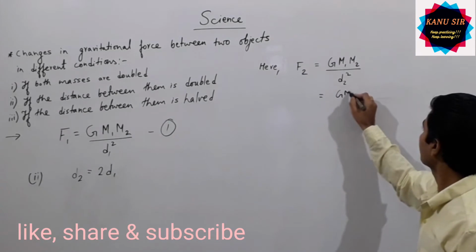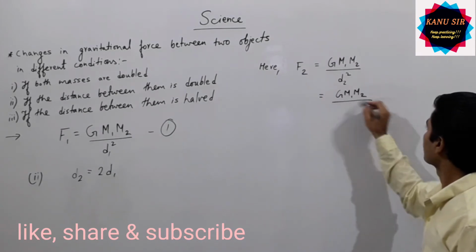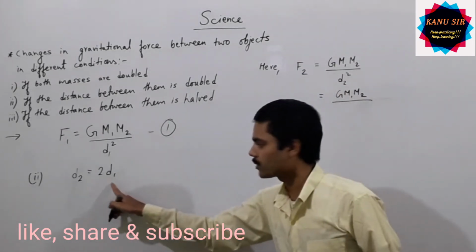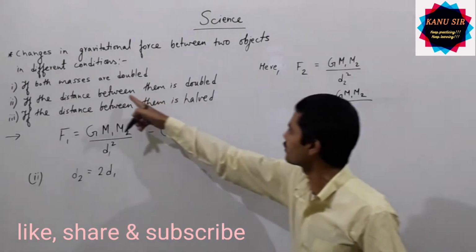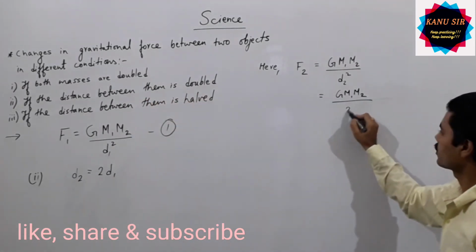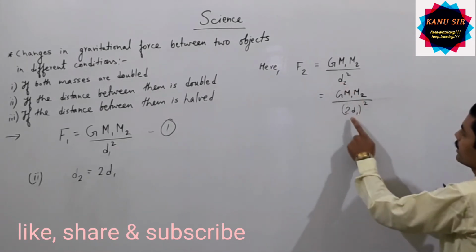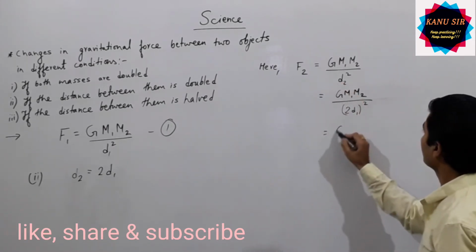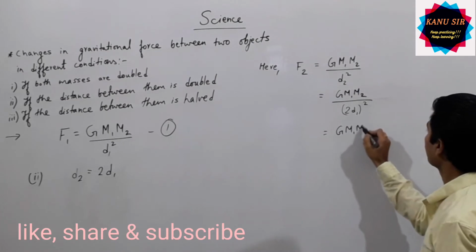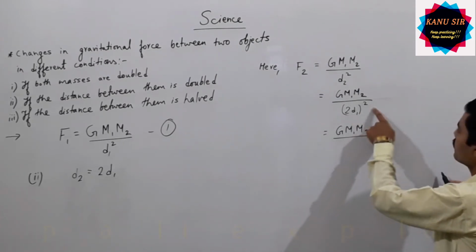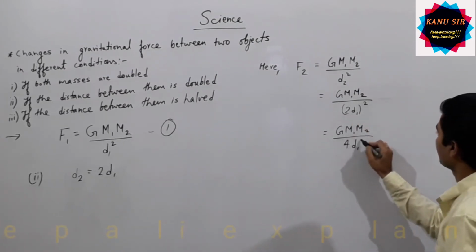In place of d2 you write 2 times the previous distance, so 2d1 square. We get G m1 m2 upon the square of 2, which is 4, times d1 square.